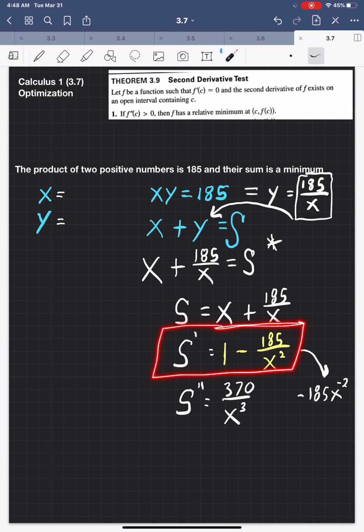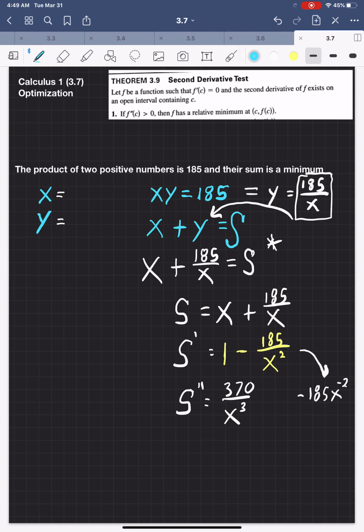Well, remember that we're going to, of course, assume that the positive number is greater than 0, right? Obviously, 0 doesn't multiply to be 185 anyway, but nevertheless, what we're going to do is take this first derivative and find its critical numbers, but more importantly, we're going to find where it equals 0, right?